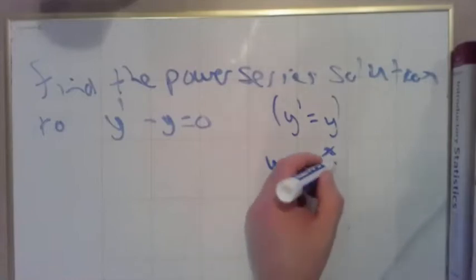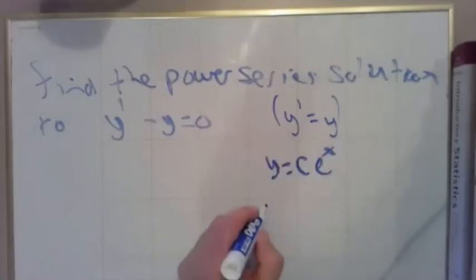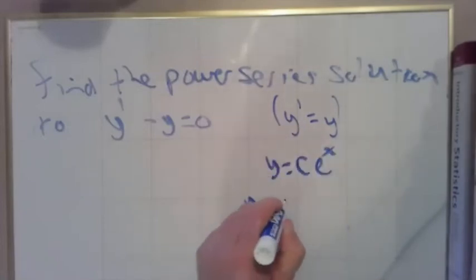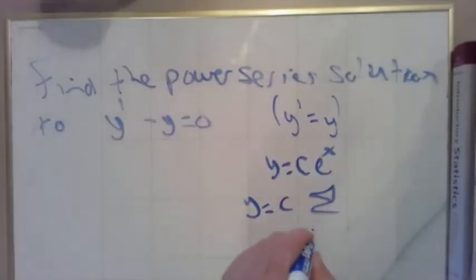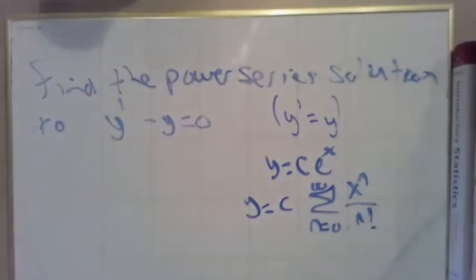You may recall that the Taylor series, the power series expansion of e to the x, is the sum from n equals 0 to infinity of x to the n over n factorial. That's what we're going to get.